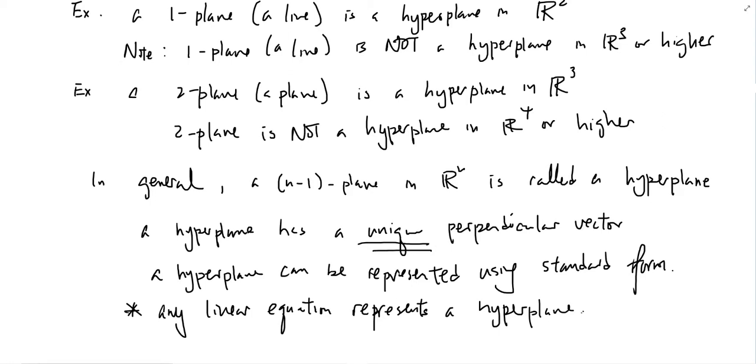If you think about it, it makes sense. If you have a system of two equations in two variables, we know it's in R2, and both equations would then represent lines. And remember, a line in R2 is a hyperplane in R2. Then when we look at a system of three variables, those linear equations all represent planes.